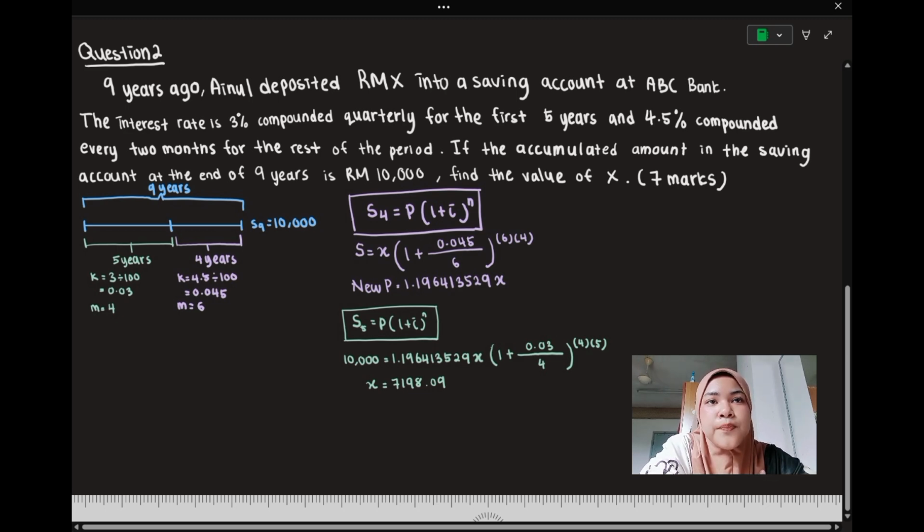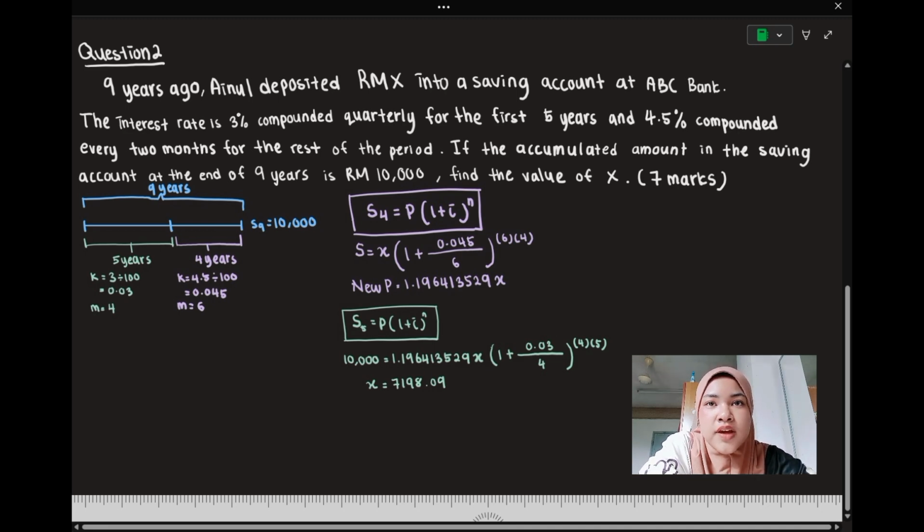S equals P(1 + i)^n, so S equals X(1 + 0.045/6)^(6×4). Then we calculate and we get 1.196413529X. That is the new P.